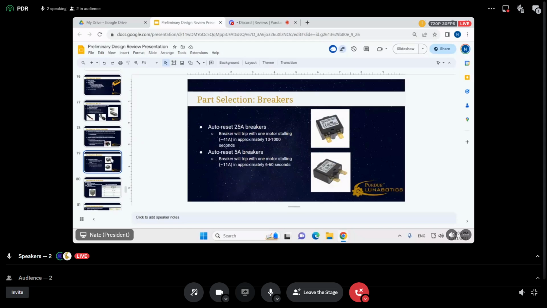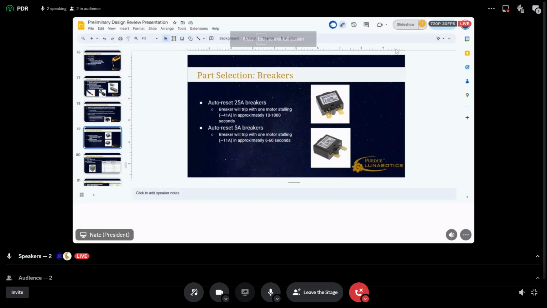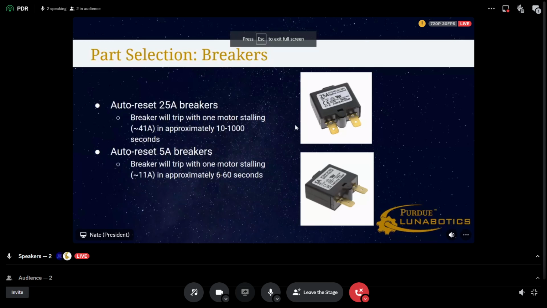And you're able to do that without tripping during nominal operation? Theoretically, yeah. We need to test it, but theoretically they shouldn't trip during nominal operation and during one motor stalling.